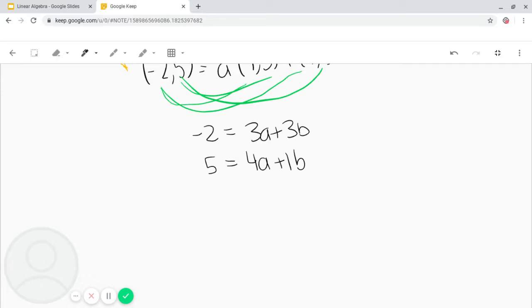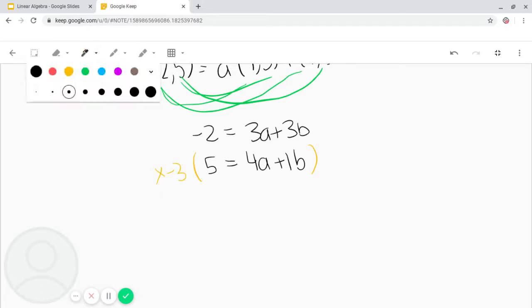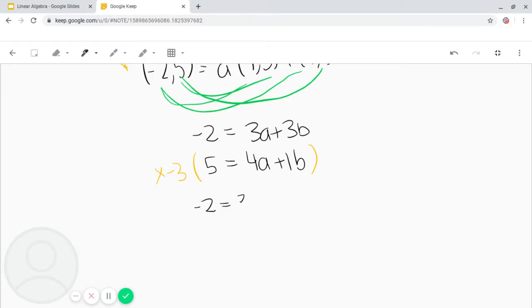And how I'm going to do it is I'm going to multiply this by -3 and then add them together. So we'll just rewrite this. -2 equals 3a plus 3b, and then -15 equals -12a minus 3b.